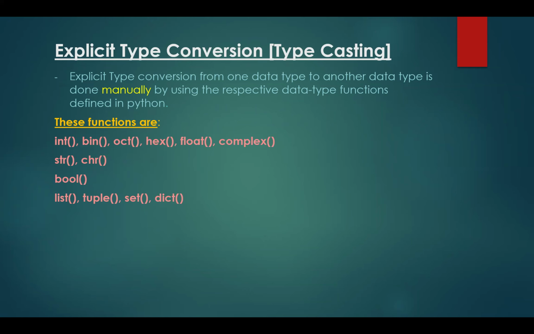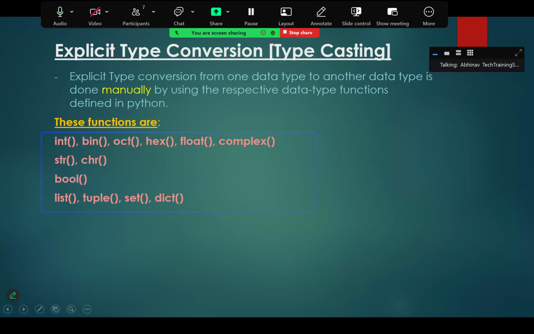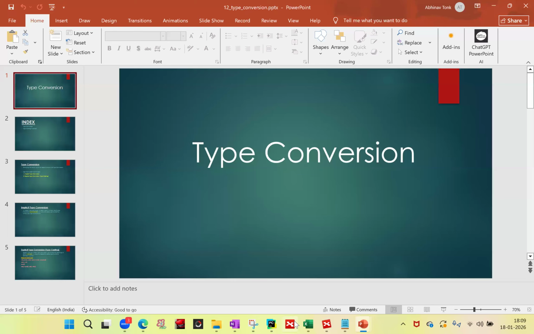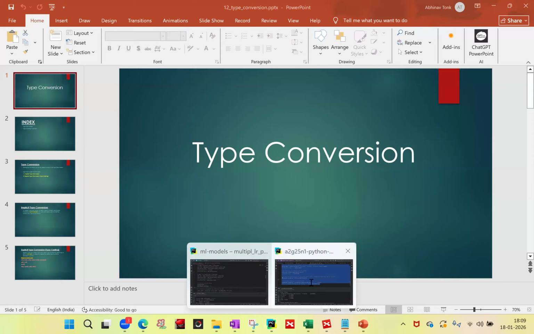In order to change the data type from one to another, Python provides functions, and those functions are these functions, right? When you do the type conversion using these functions, that is known as explicit type conversion. So let's see that in the code. How does it basically happen?